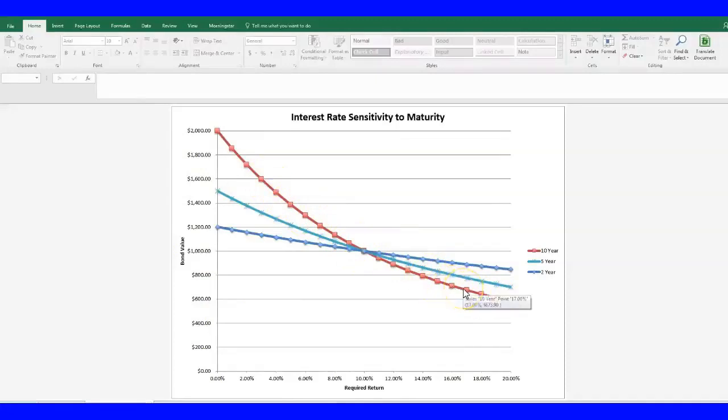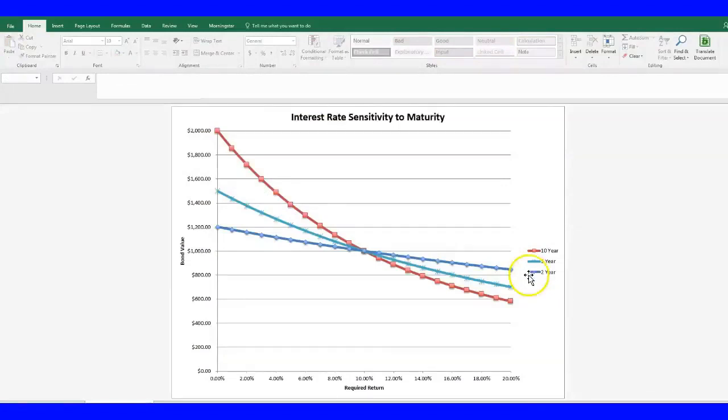The steeper the slope means that it's more sensitive. The price of the bond is more sensitive to changes in interest rate than the 5-year and the 2-year bond. And we can see that the slope decreases as the maturity of the bonds decreases.